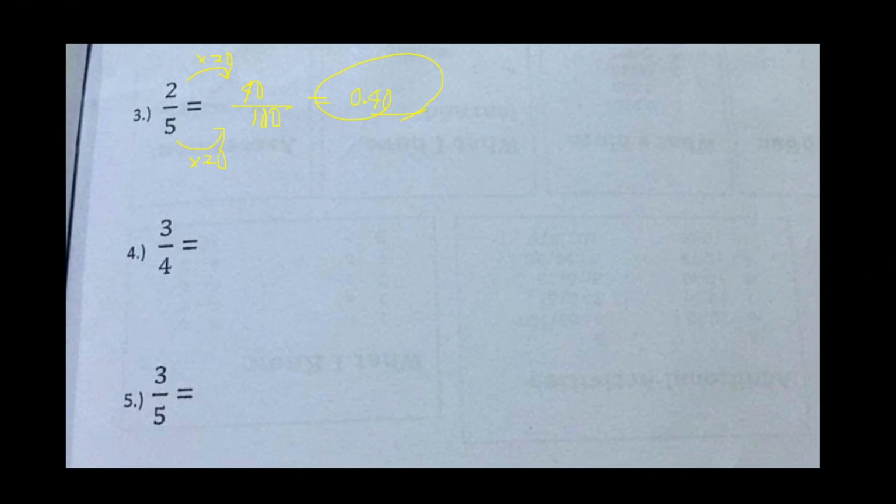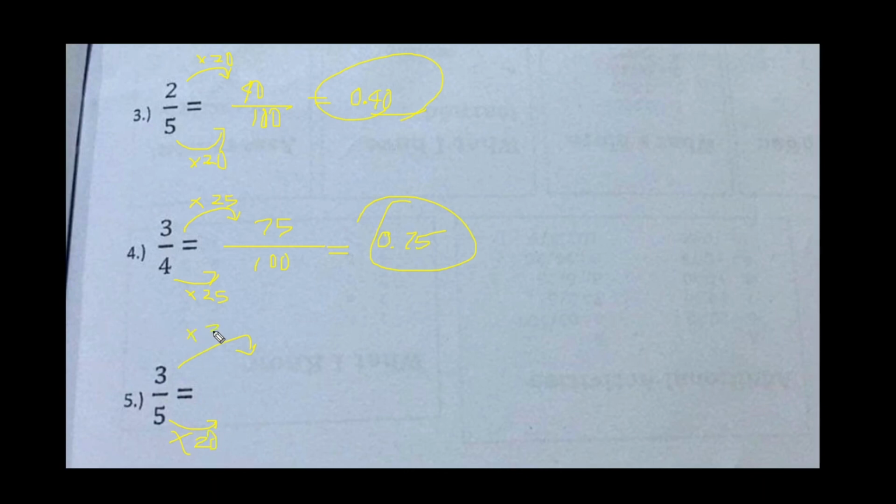Okay, 3/4. For 3/4, you just multiply this one by 25. This one multiply by 25 also. So this is 75 over 100, which is just equals to 0.75 or 75 hundredths. 3/5, okay, multiply by 20.